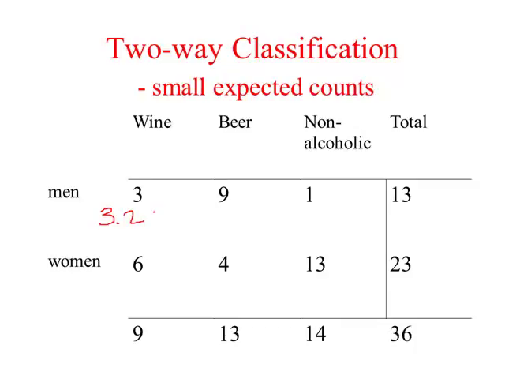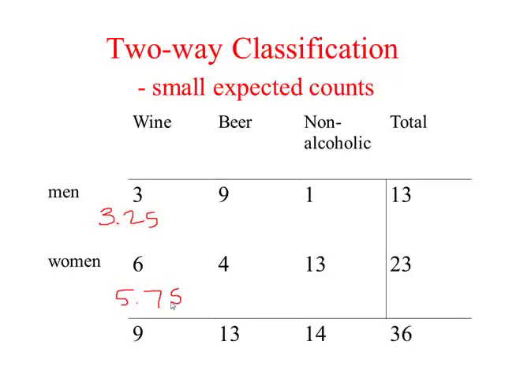So already we have one cell which has less than 5, because remember we want these expected values to be at least 5. And if we did for women, it would be 9 times 23 divided by 36, which is 5.75, and so on.